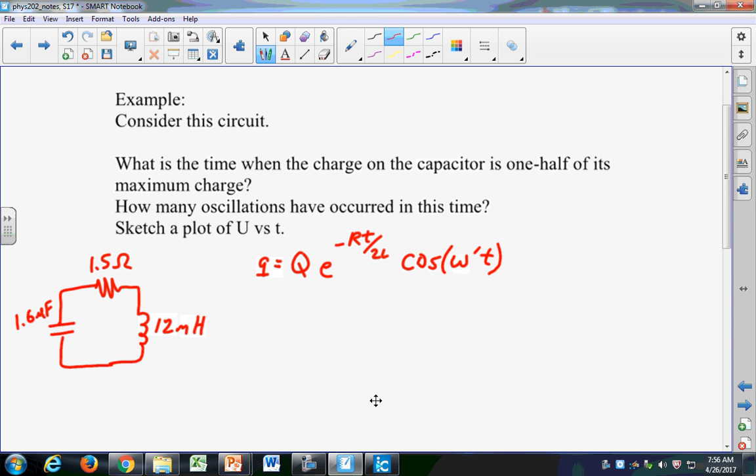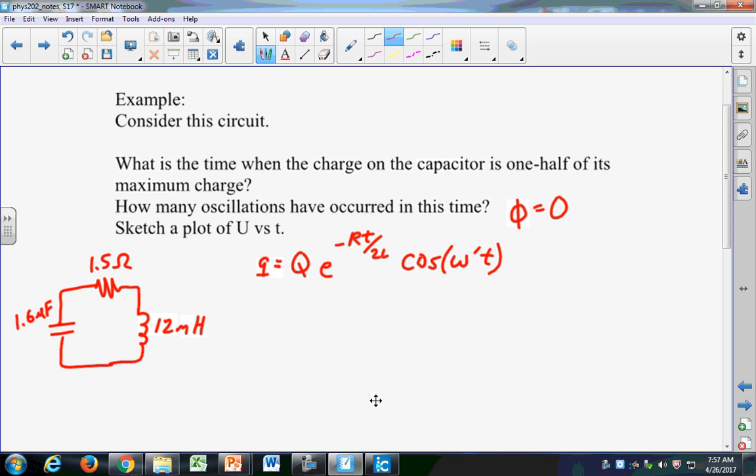We haven't really talked about phase, that phi that we had before, but we'll just always assume that phi is equal to 0. It has to do with the shifting of your cosine or your sine function. So we'll always assume that our phase, that phi variable, is equal to 0. All right, so Q is equal to that expression.